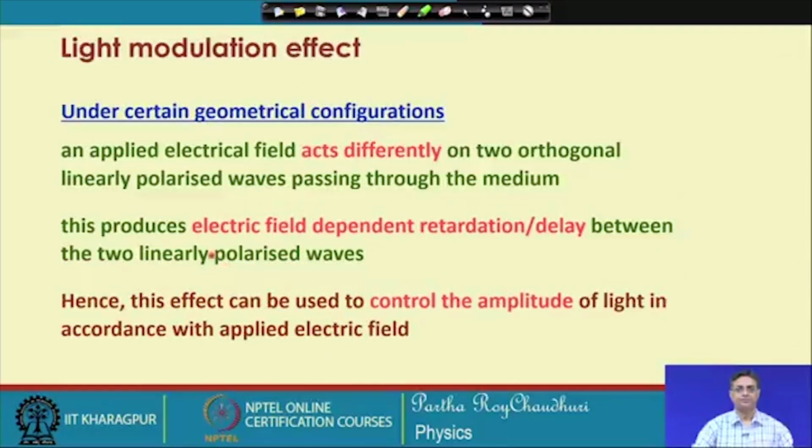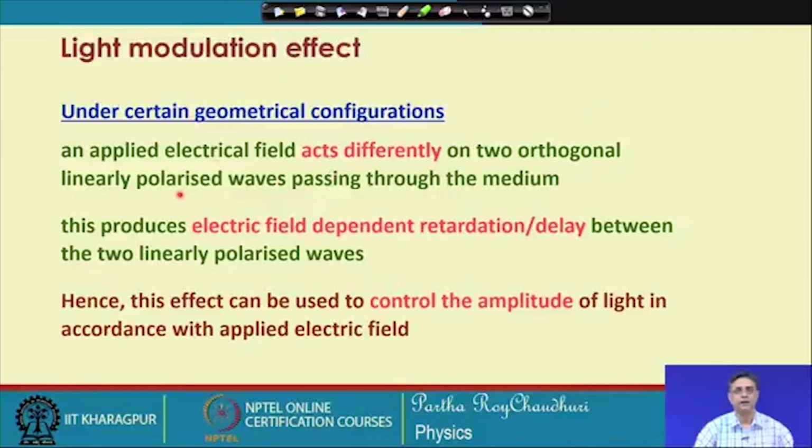Under the Pockels effect or Kerr effect, certain geometrical configurations of the medium are available, so that if one applies an electric field, then this electric field may act in a different way on two orthogonal linearly polarized waves passing through the medium. Let us suppose there are two orthogonal linearly polarized waves passing through the medium and an electric field is acting on it.